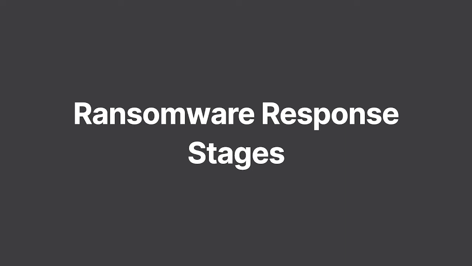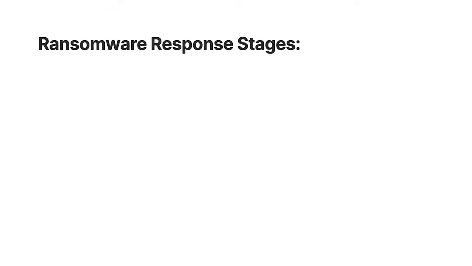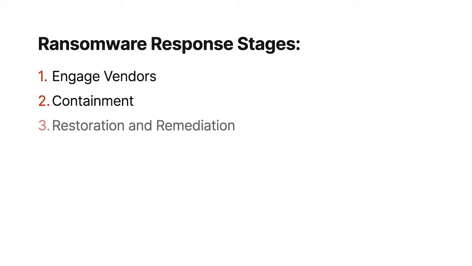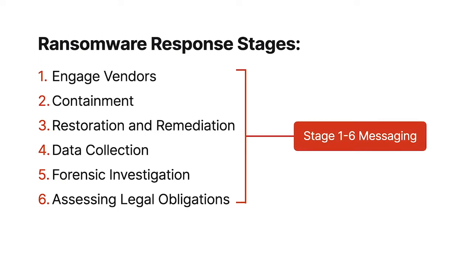So just as a quick recap, in part 1, we talked about the 6 main stages of a ransomware response. We talked about engaging vendors, containment, restoration, data collection, forensic investigation, and assessing legal obligations.